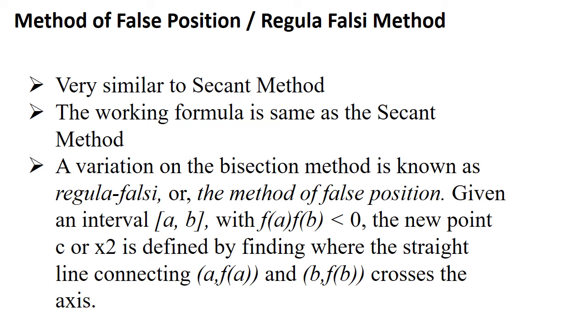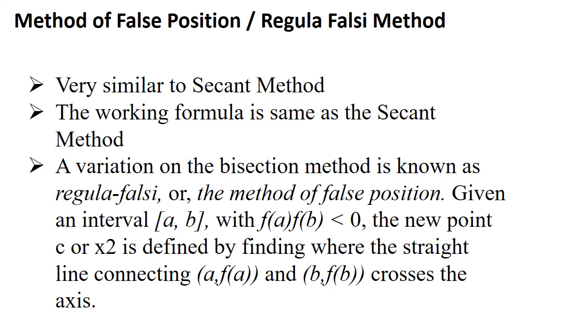But in the secant method, you just proceed with the previous value. For the Regula Falsi method, it is very important that if the last two iterations are giving positive function values, for example, you take the last value and the previous value which gives you a negative value, just like the bisection method.